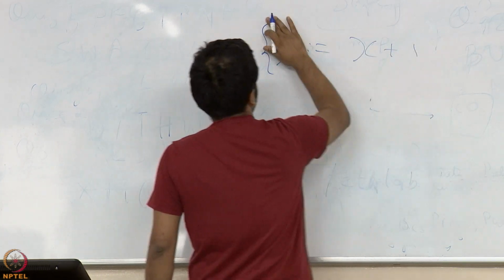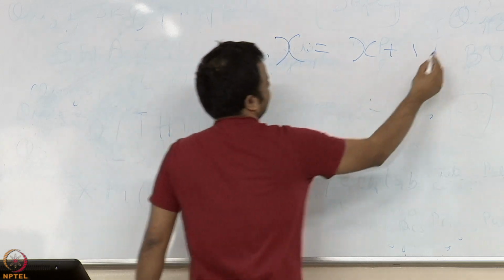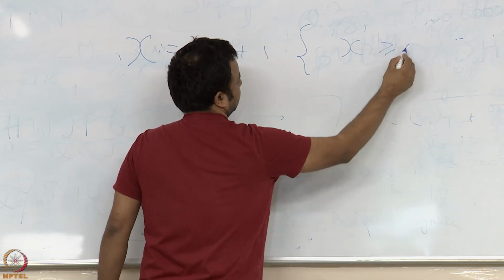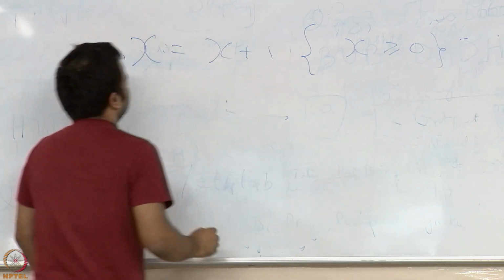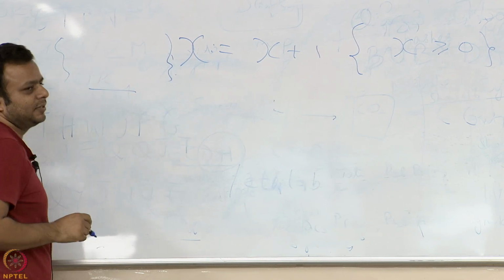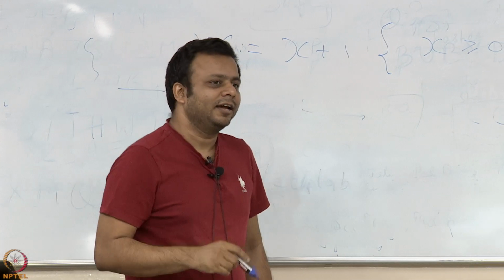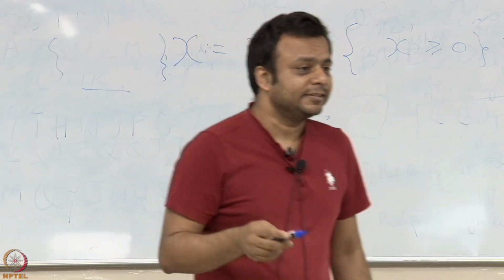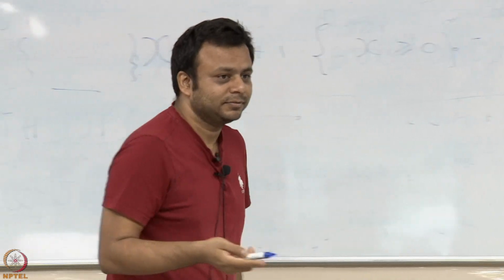This is the program. And let's suppose I say I am landing here with x greater than or equal to 0. Tell me what states I may have started in. What are the possible values I started with, if I finished with x greater than or equal to 0? x greater than or equal to minus 1.